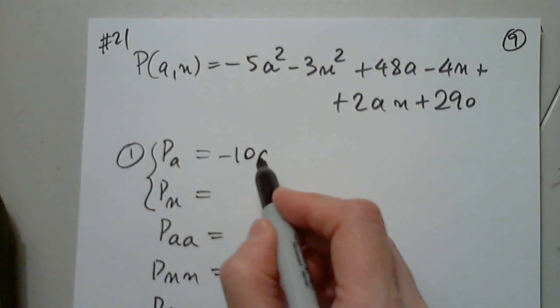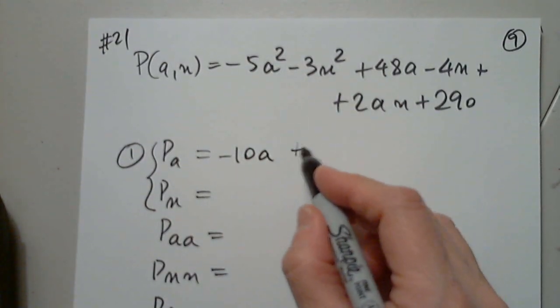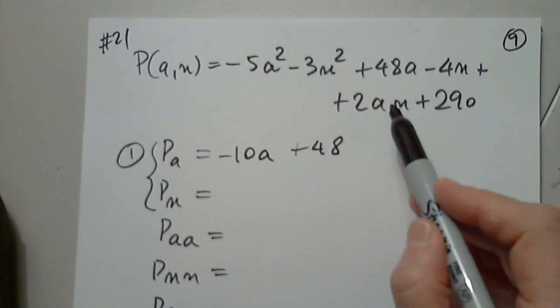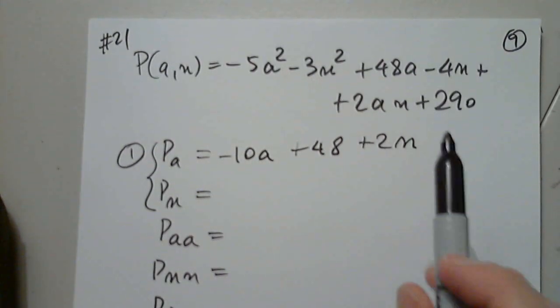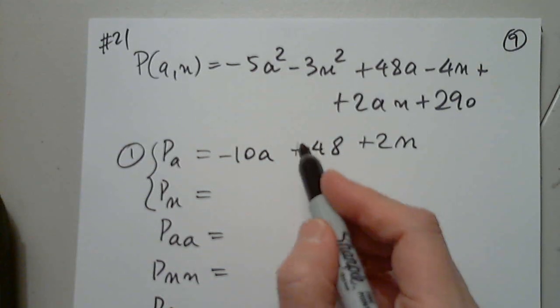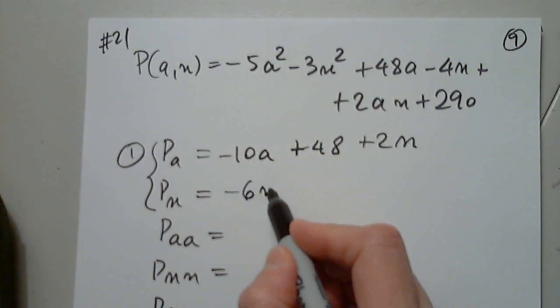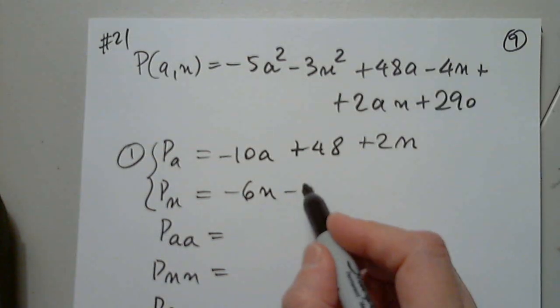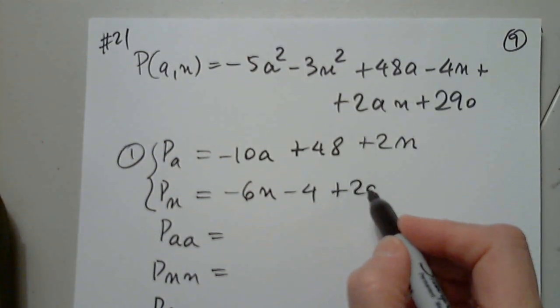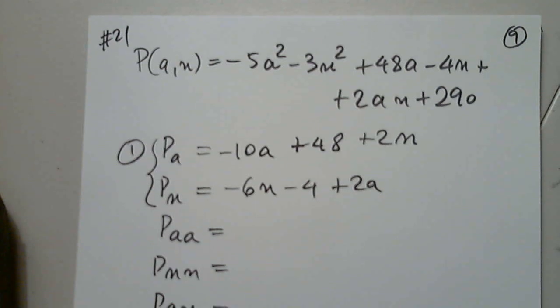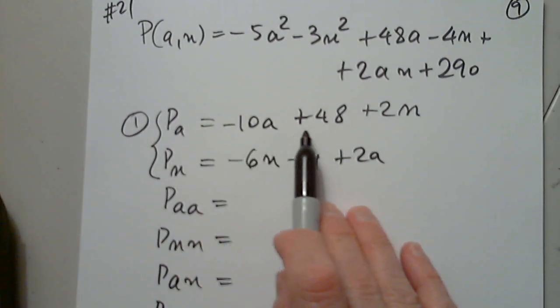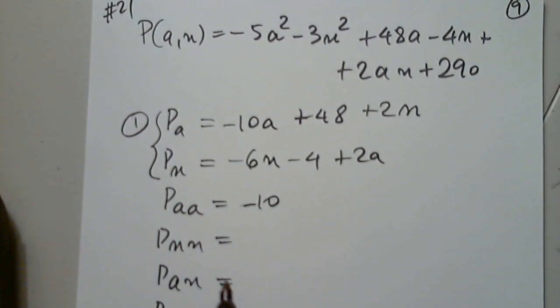Negative 10a plus 48, plus 2n. Pn: negative 6n, minus 4, plus 2a. Paa is negative 10.